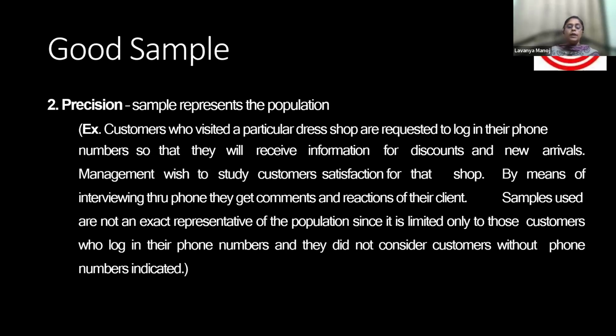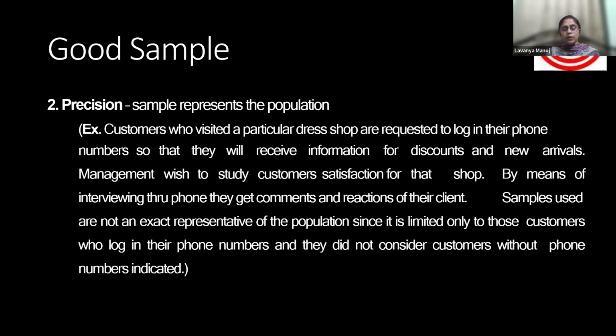And for precision, imagine customers who visit a particular dress shop are required to log in their phone number so that they will receive information. Now, you cannot say that all the customers will give their contact numbers or email addresses for getting to know about the offers of the organization for the same or related products.